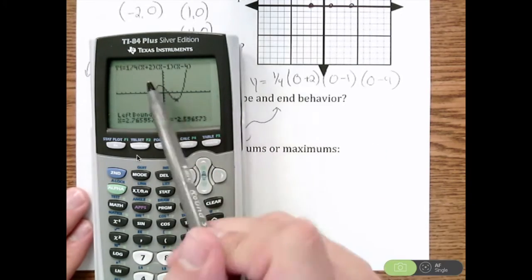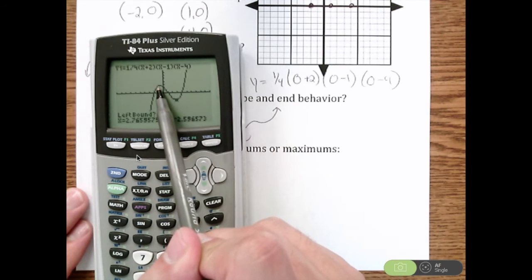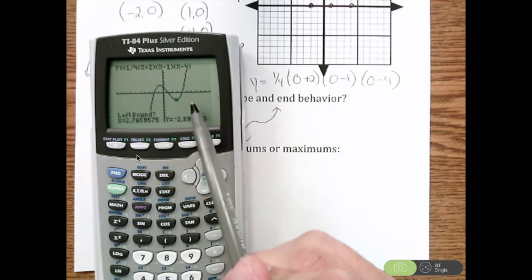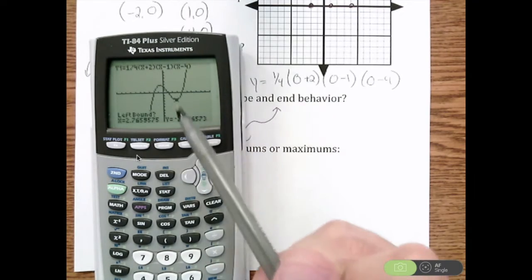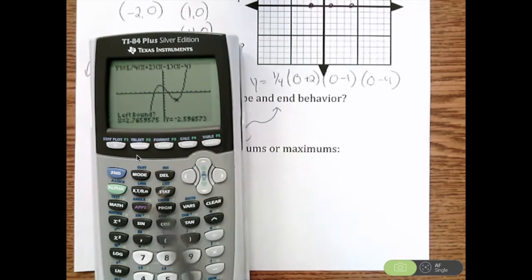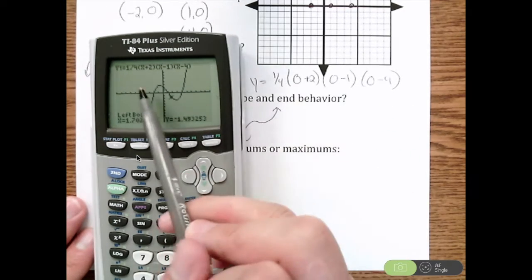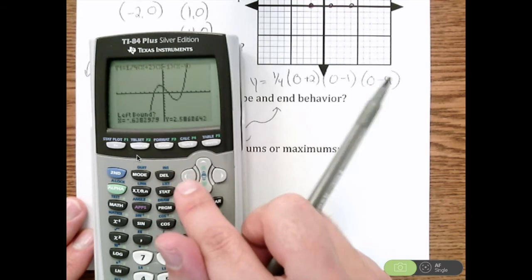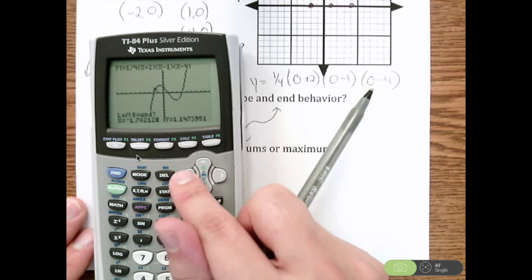What it means by left bound, so since I'm trying to find what that point is there, and more specifically, I'm trying to figure out how much does this graph dip. So, we've talked about in class how much dip there is in the graph. Well, today this is how we figure out how much dip there is. So since I'm focusing on this point here, I'm going to move the little X a little bit to the left.